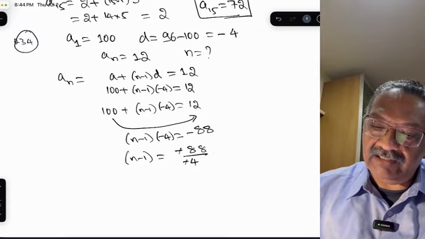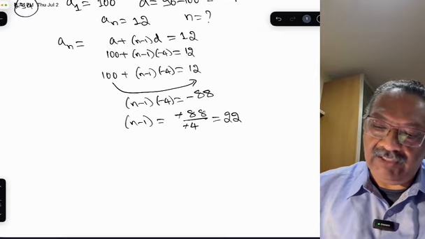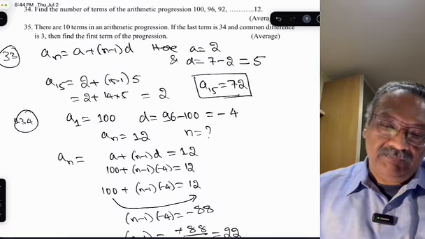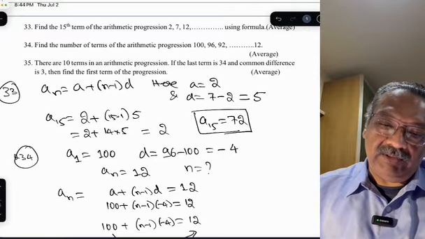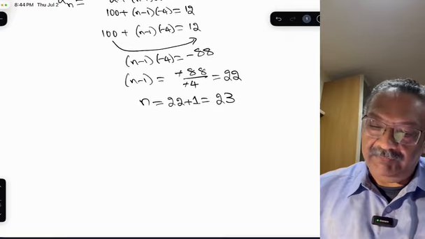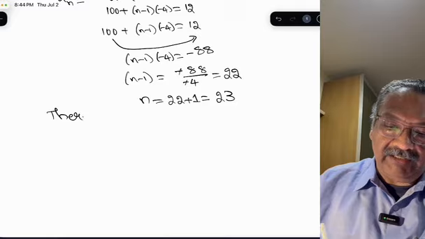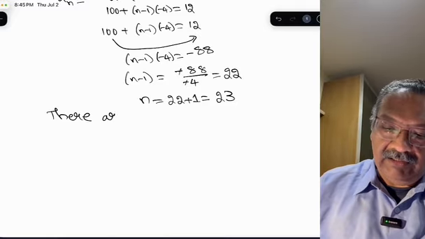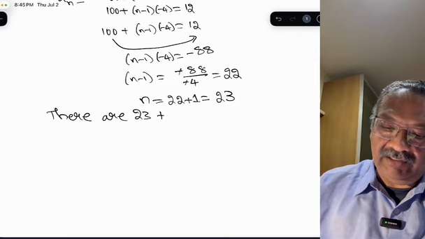Minus minus cancels, 4 22s are 88. So, n is equal to 22 plus 1 is equal to 23. So, there are 23 terms in the AP. This is a 3 mark question, so you have to write more here. There are 23 terms in the AP.